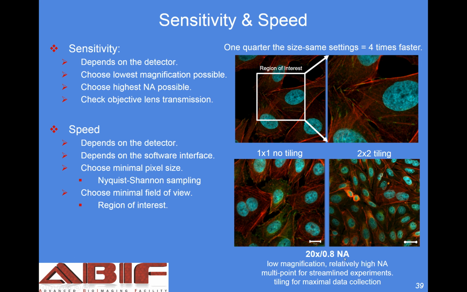And then because this is an air lens, you can use it for tiling to look at larger areas of your sample, and you can also use it for multi-point experiments. So you could use an 8-well dish and set up the software with a motorized stage to look at 8 different samples and really streamline your experiments on fixed or live samples.